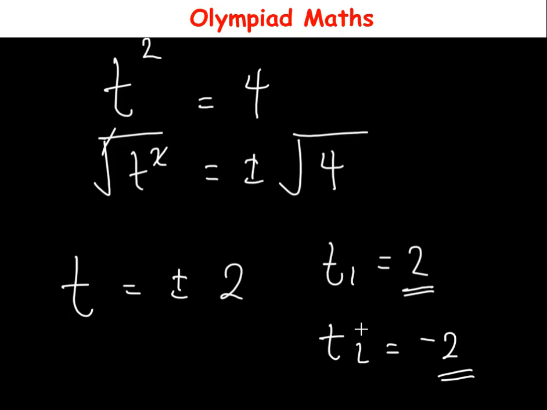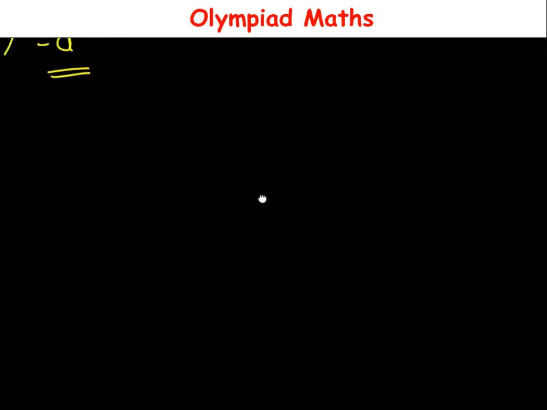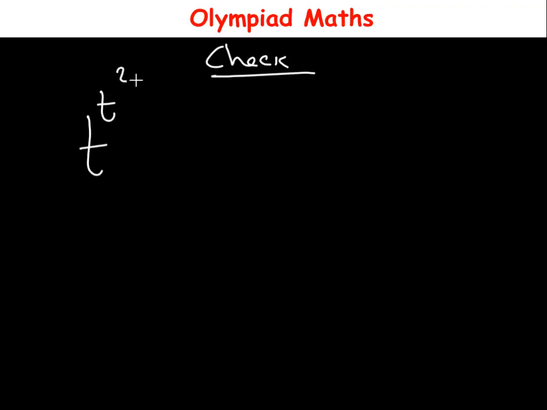But then, let's check if the solutions for the value of t that we have solved for are the correct answers. The question is t raised to power (t raised to power 2) is equal to 16. We got the first value of t as plus 2 and the second value of t as minus 2.